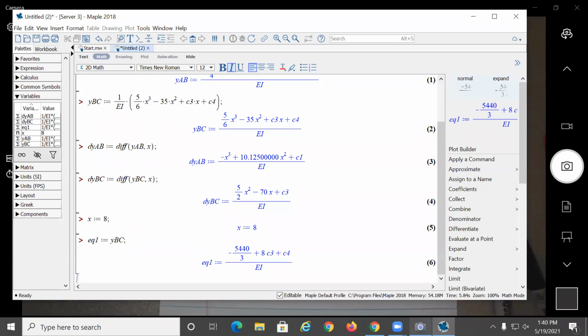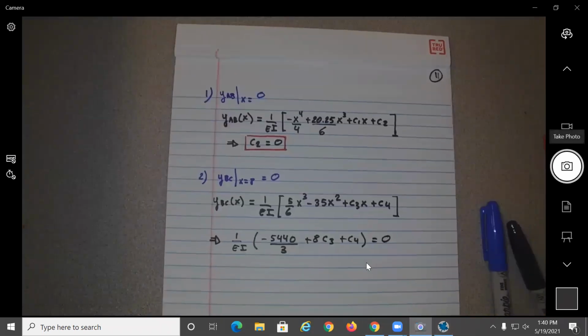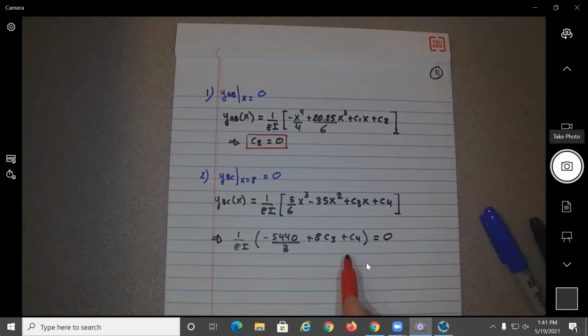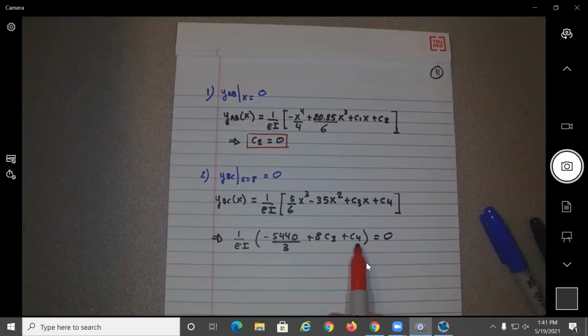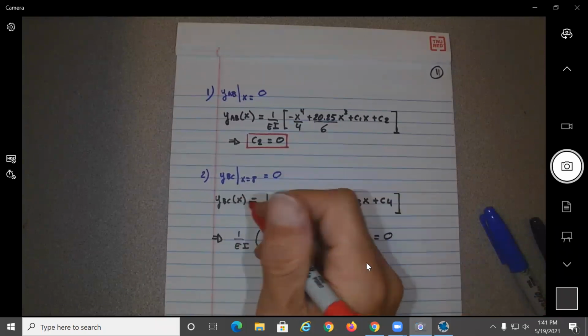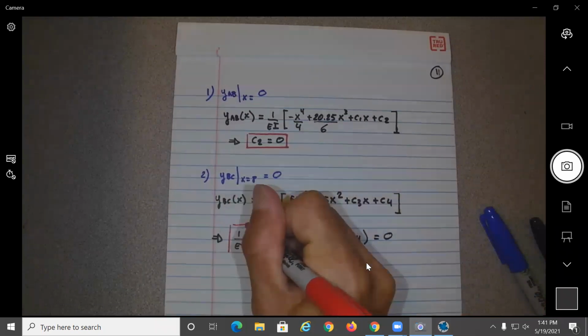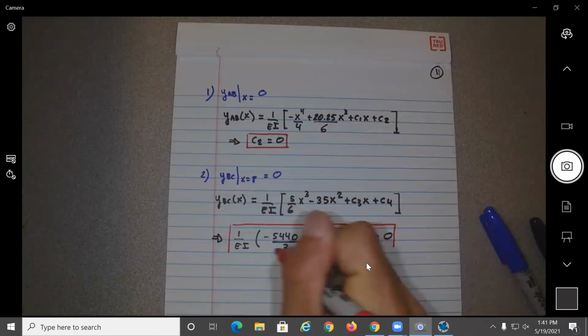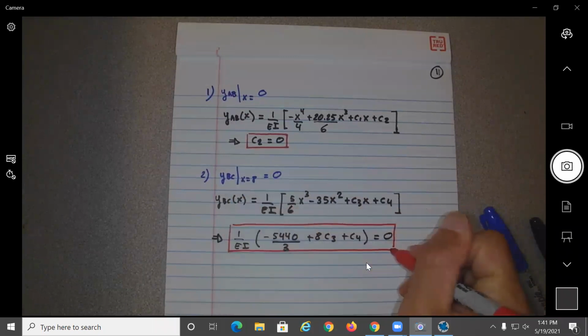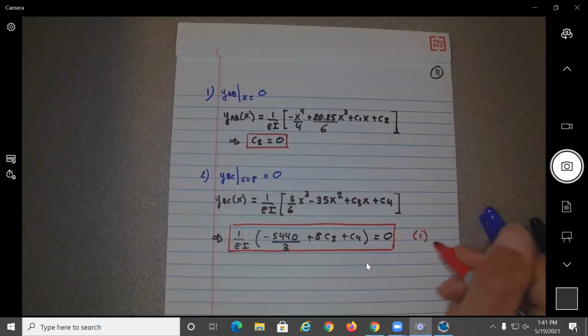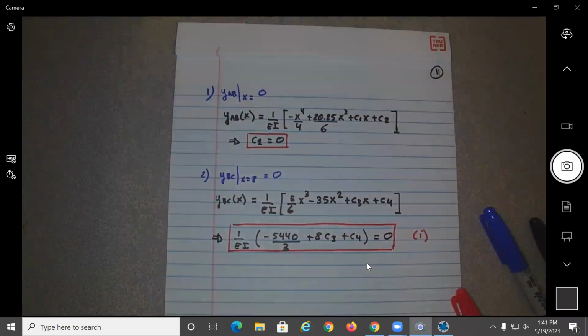I just wrote this over here. So here we cannot solve because we have one equation. How many unknowns do we have? 2, C3 and C4. So let's say this will be our equation Roman 1. Okay, so we keep going, we don't panic.